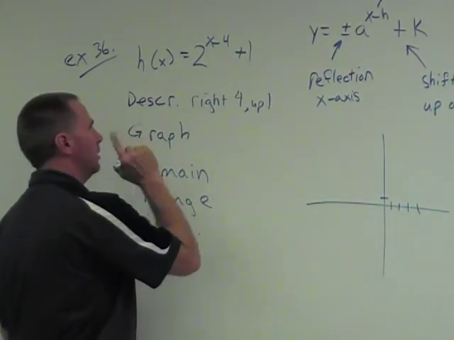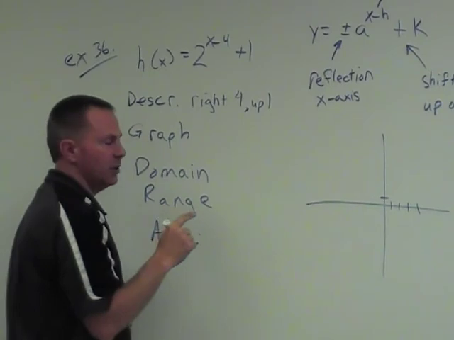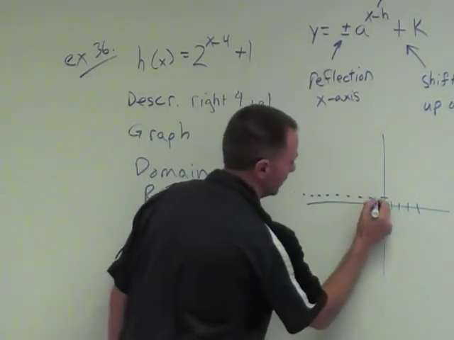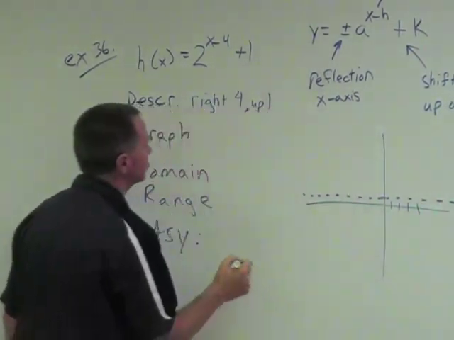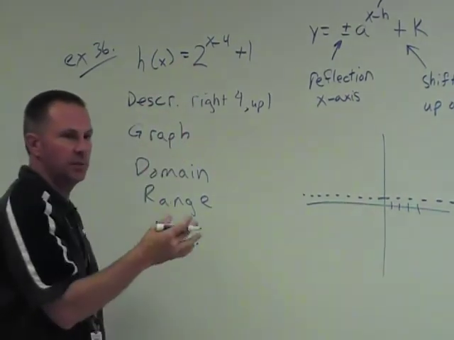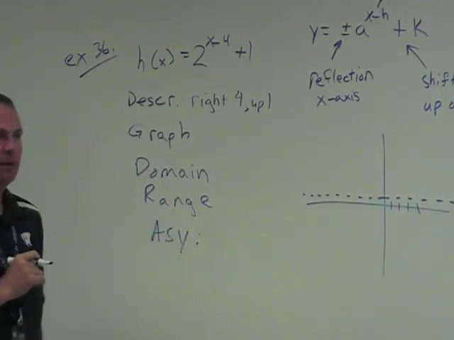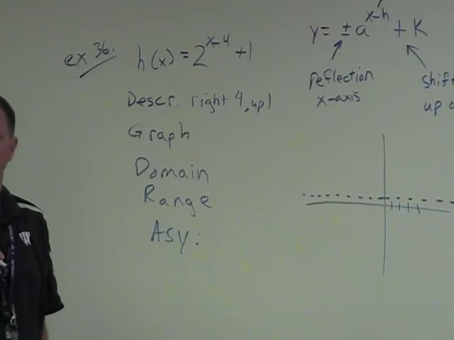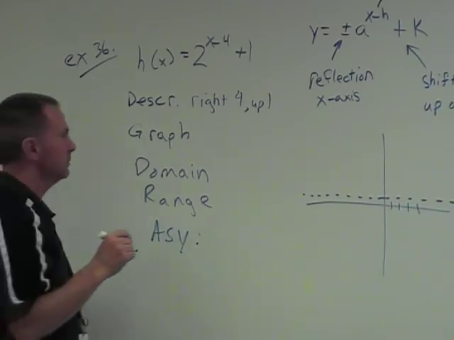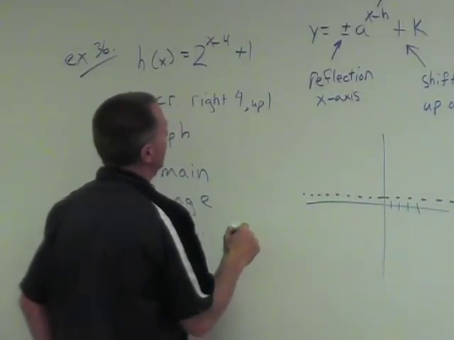Okay, so that tells me that my asymptote is not at y equals 0, it's at y equals 1. This is positive, so it's going to be above that asymptote. 2 is bigger than 1. It's going to be increasing.